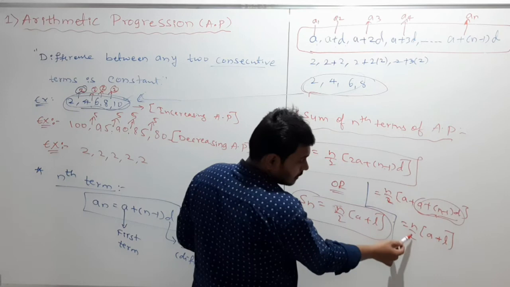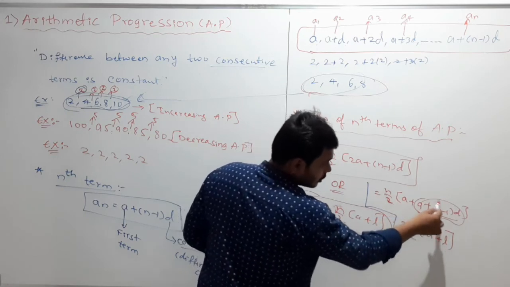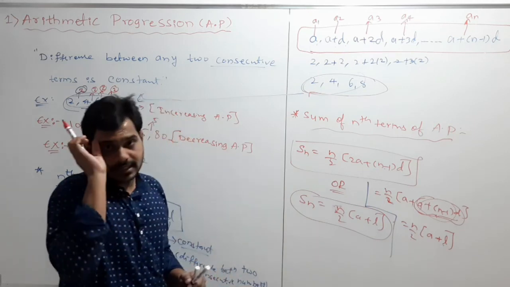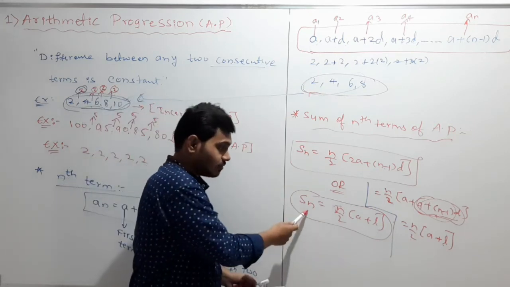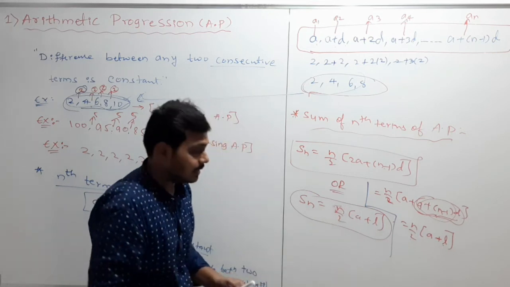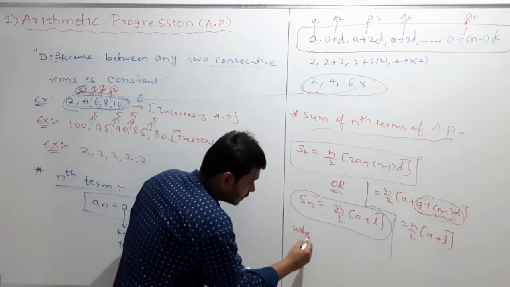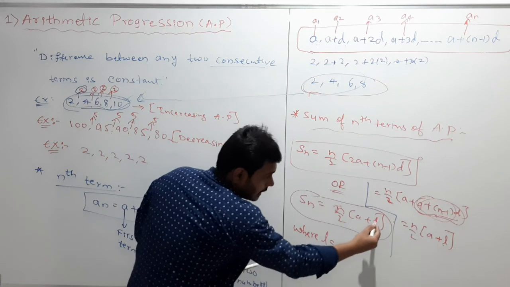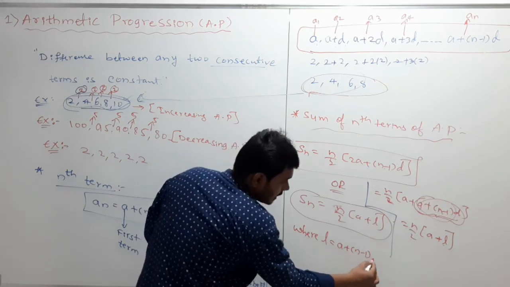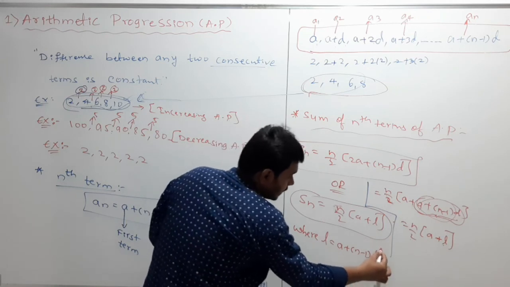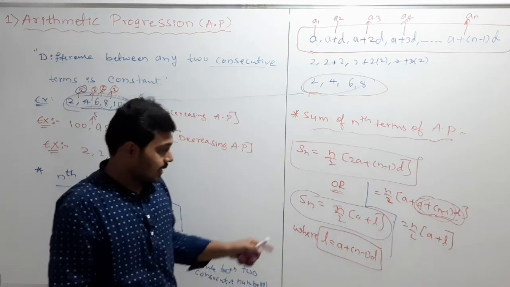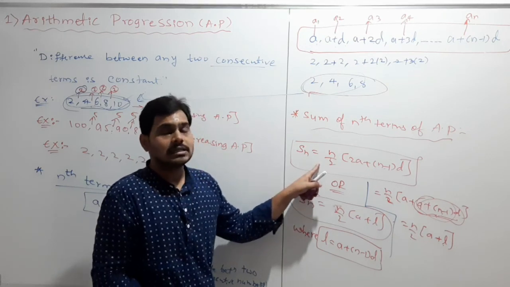So n by 2 is as it is, a is as it is, and this whole value I can substitute as l. So the sum of n terms can also be calculated by using this formula: Sn equals n by 2 into a plus l, where l is a plus n minus 1 into d. This is the last term of the sequence. You can use this formula or that formula.